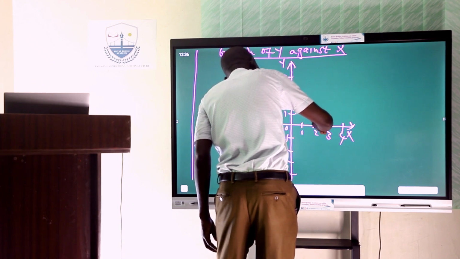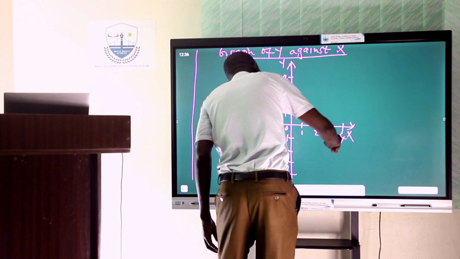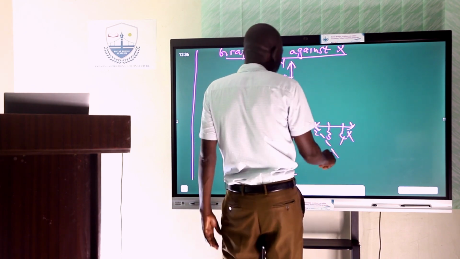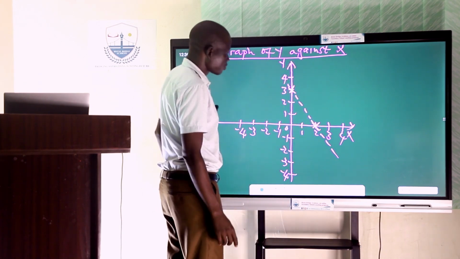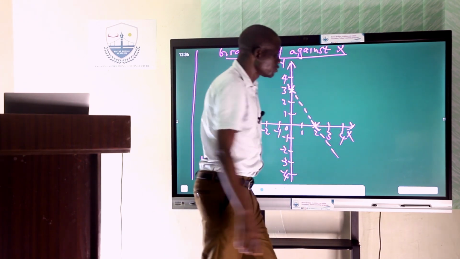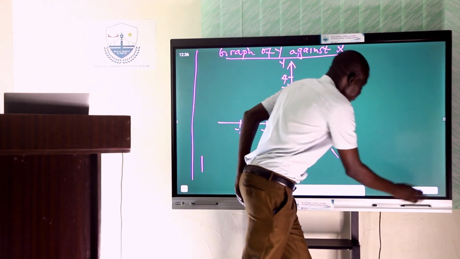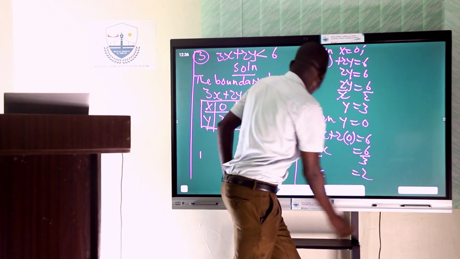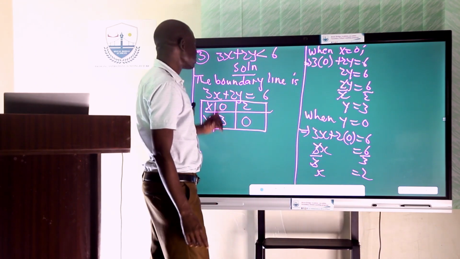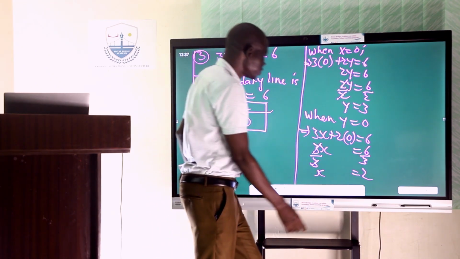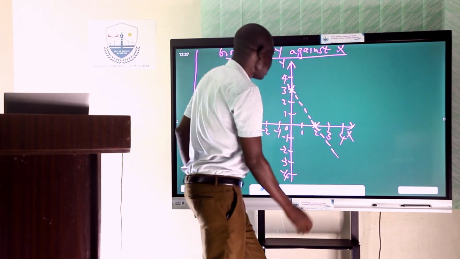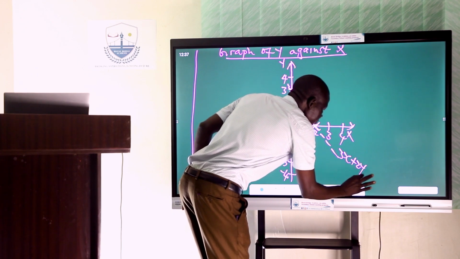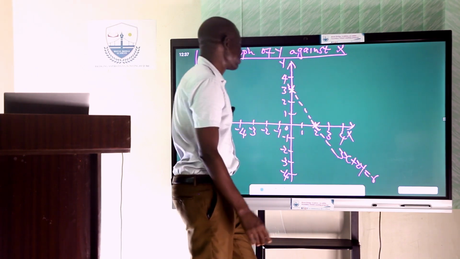There we are. So this is how the line looks like. And then we have to label the line. This is the line 3x plus 2y is equal to 6. We have to label that.